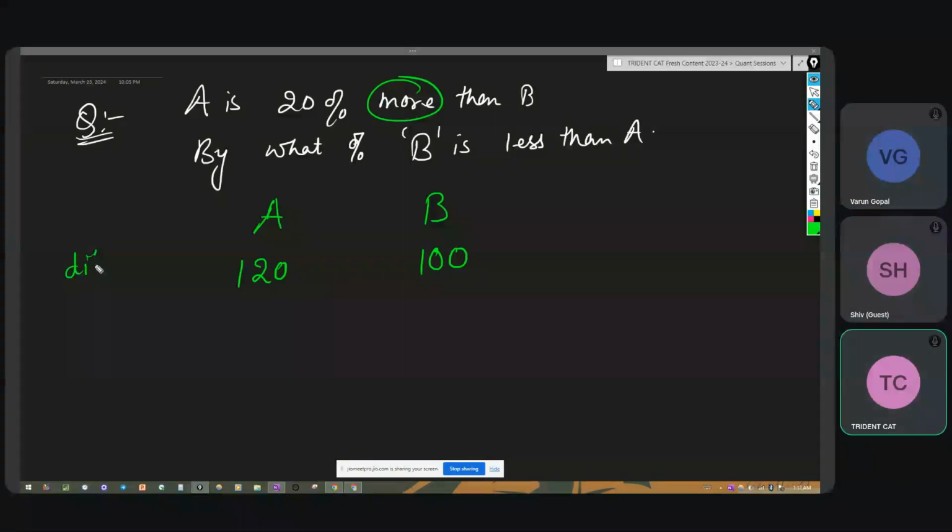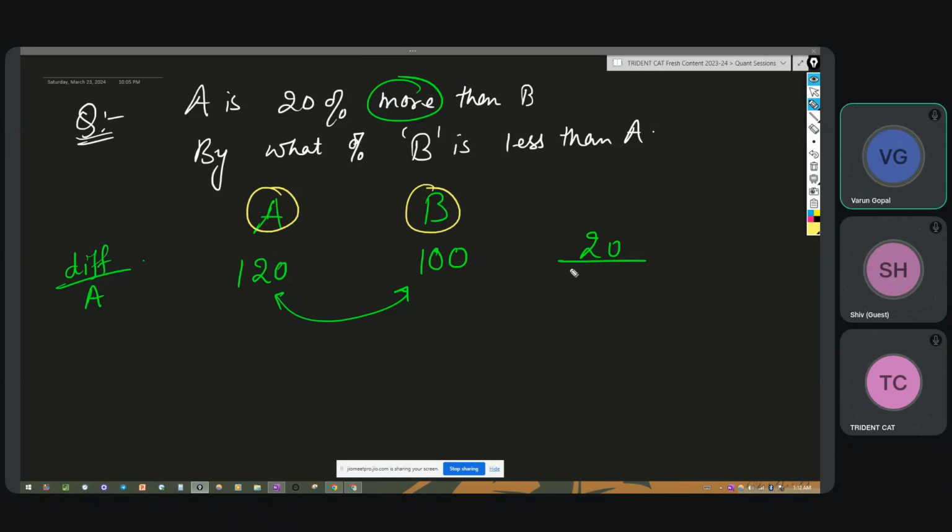Shiv, are we not looking at the difference or the change by A? If you look at this, what is the difference or the change? That is a 20, right? From B to A, the difference or the change between the two numbers is 20. Than A. Now this is very important.